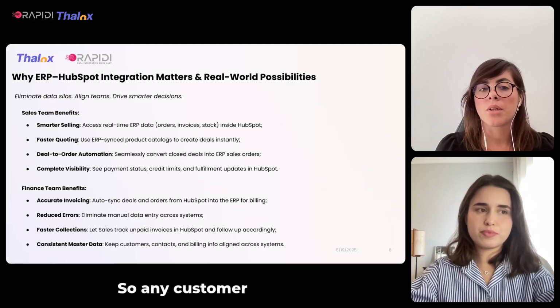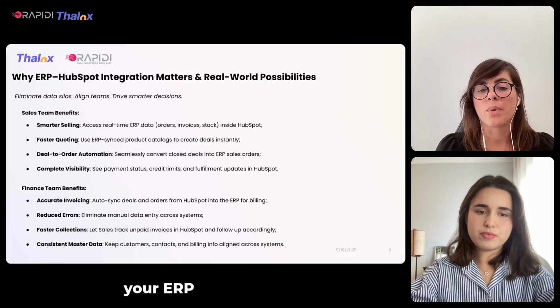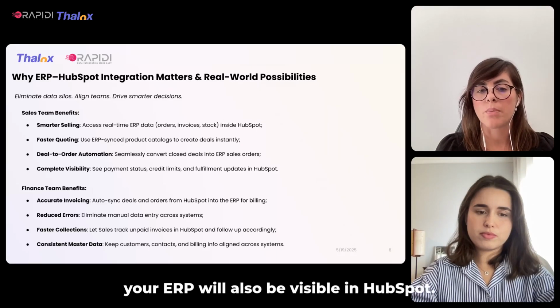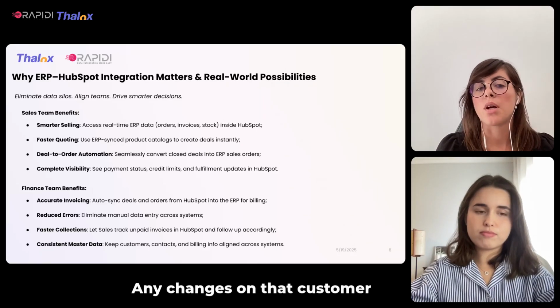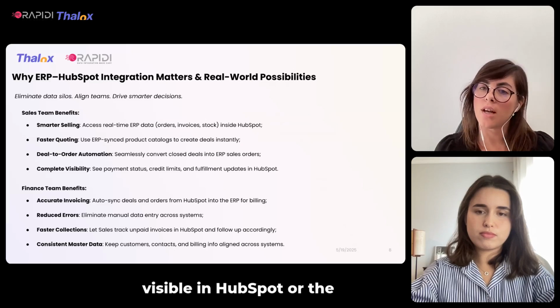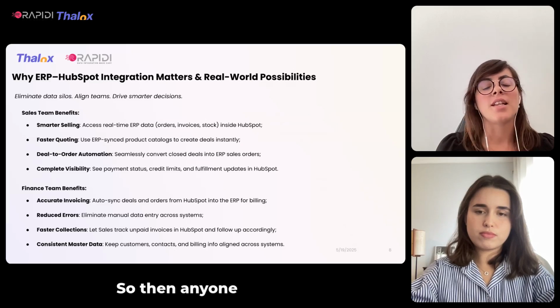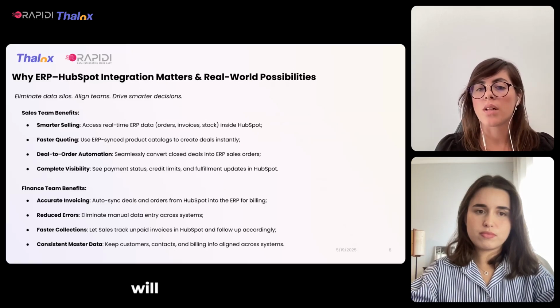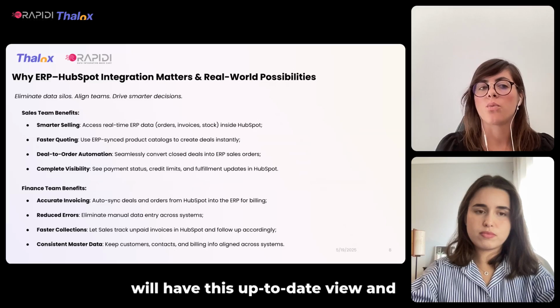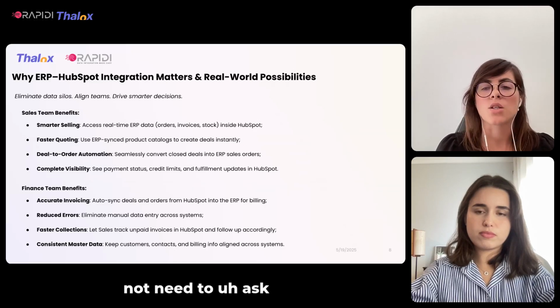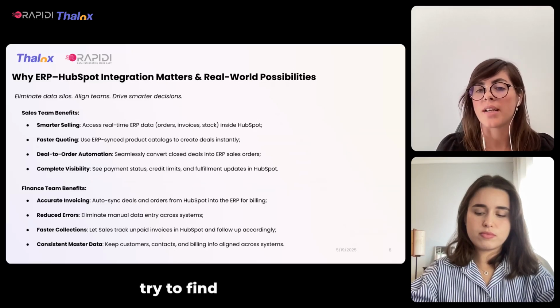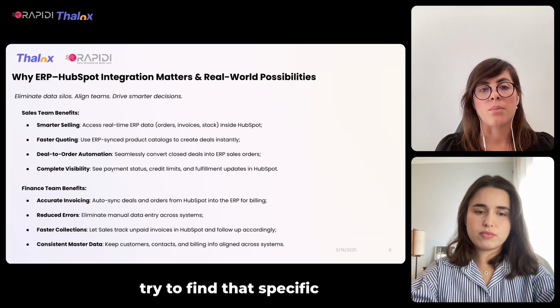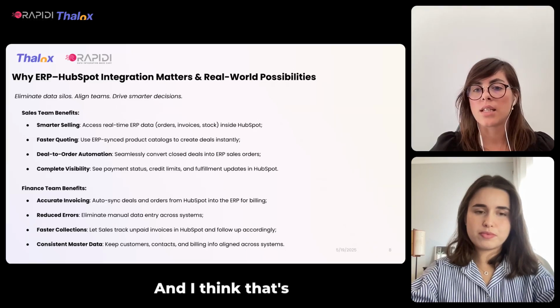Any customer that has been created in your ERP will also be visible in HubSpot. Any changes on that customer can be visible in HubSpot or the other way around. So anyone who goes into the system will have this up-to-date view and will not need to ask questions or try to find that specific information. And I think that's it for this part.